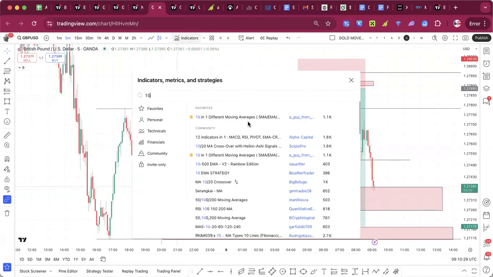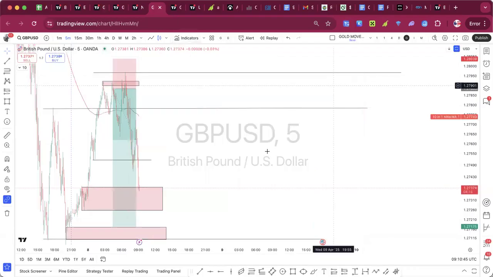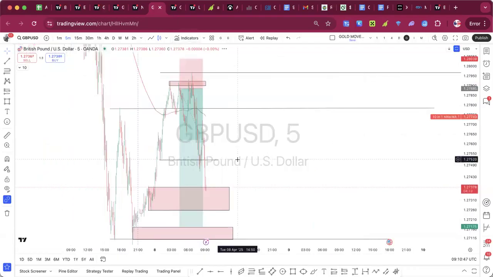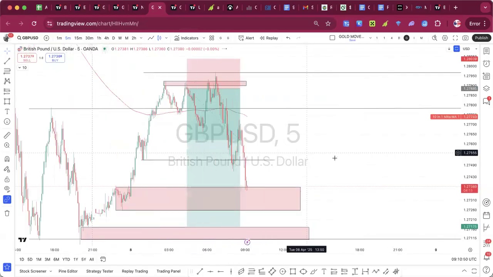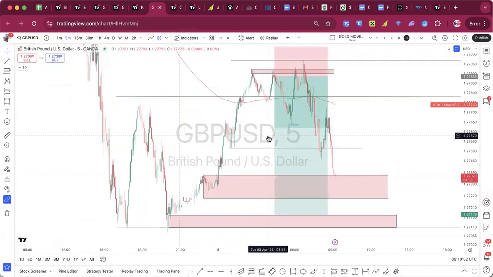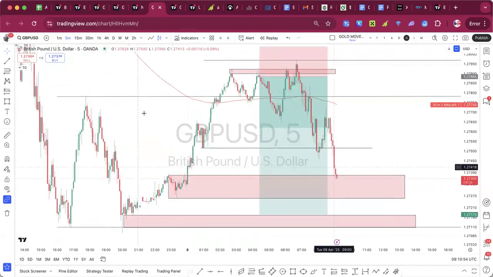But for confirmation, you could use two, because your TradingView may not allow you to use more than two tools. So you can use the 10 in one moving average. Okay. So this is the 10 in one moving average.